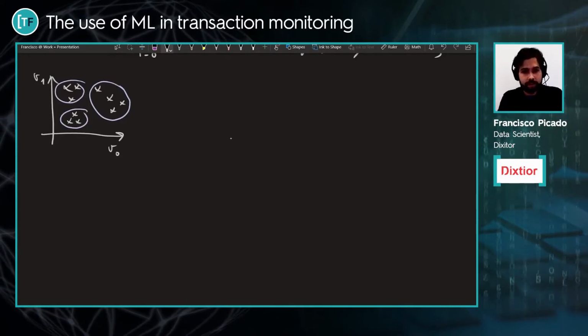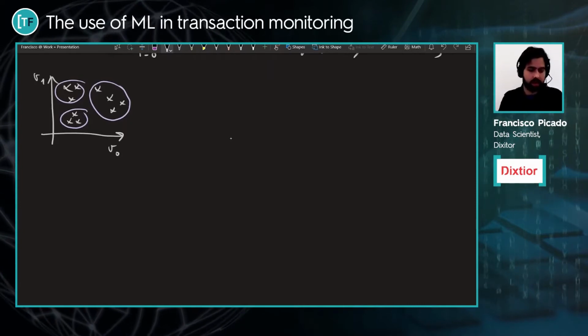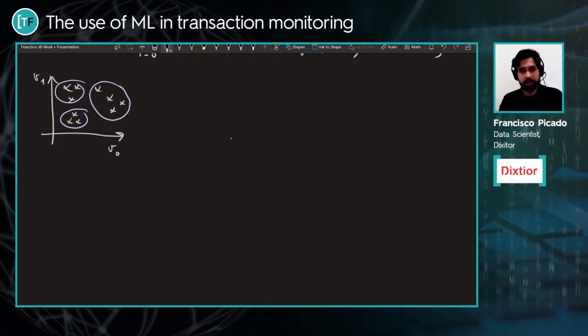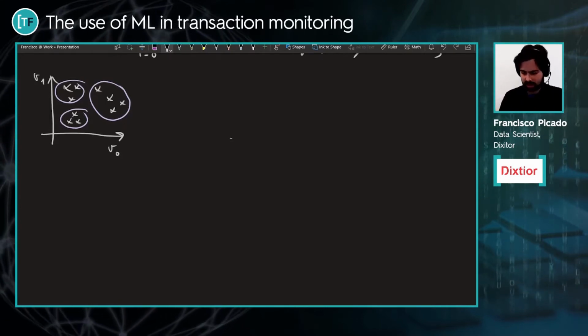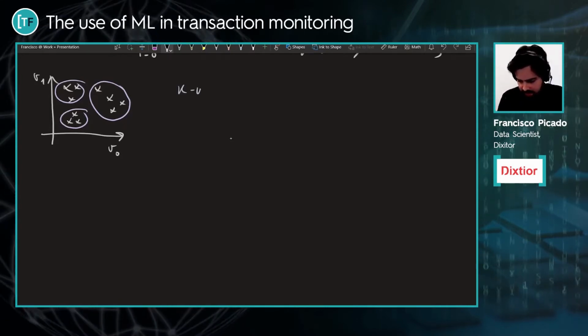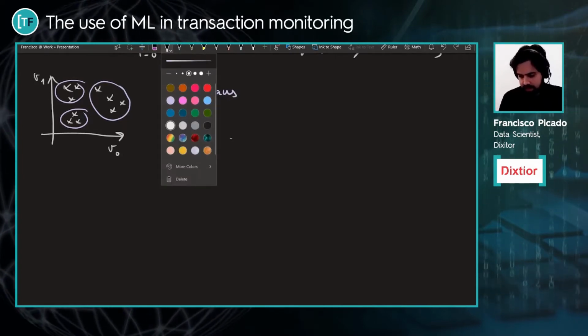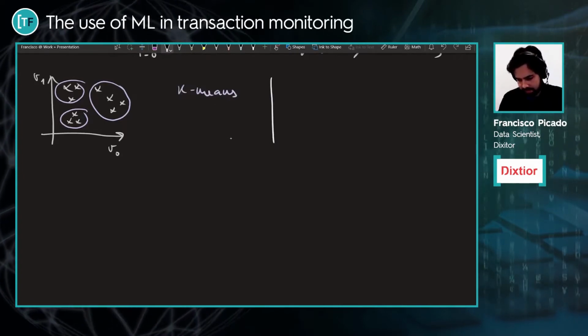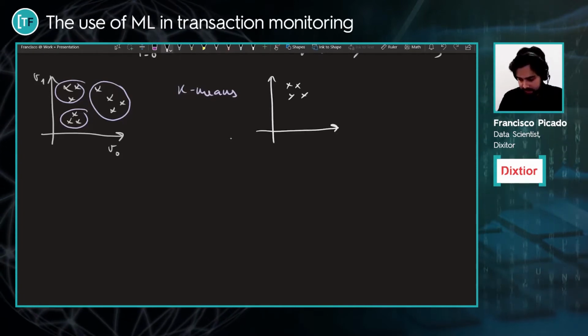Our model is based on the Gaussian mixture model. There's also another clustering method that's called k-means clustering. However, k-means actually works better if the data is dispersed in a circular fashion.